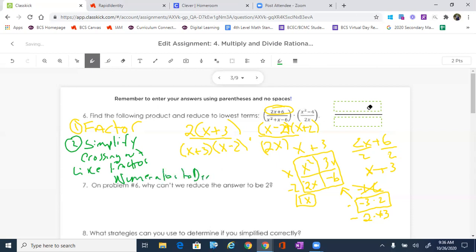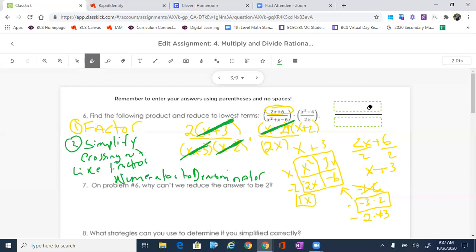They have to come in pairs. So check it out. x + 3 has got a pair for x + 3 in the denominator. And x - 2 in the numerator has got a pair down in the denominator, x - 2.